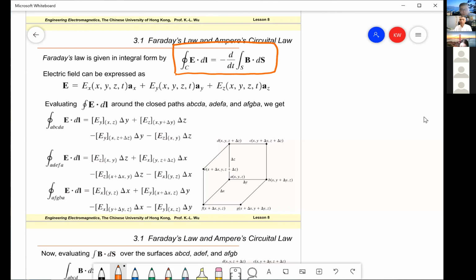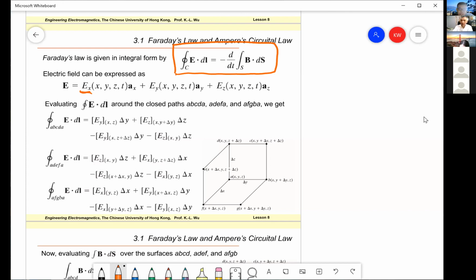Because we are dealing with a field that is a function of location and a function of time, if this is a vector quantity, we have 3 components. We deal with this in the rectangular coordinate system.